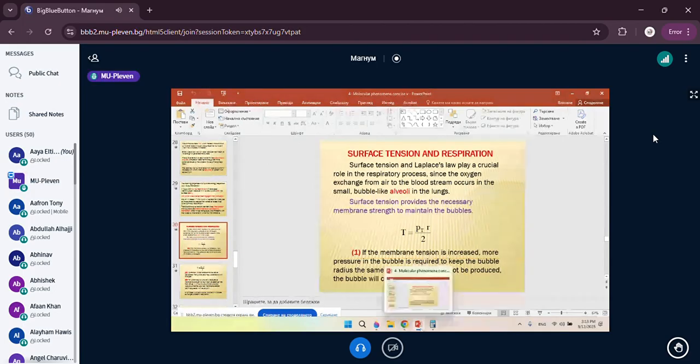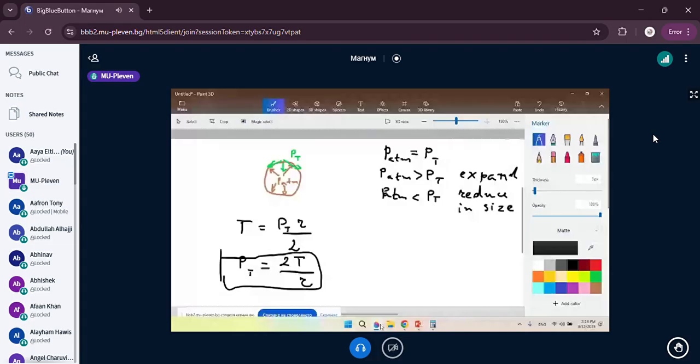Let us see my picture. Suppose the membrane tension is increased, in direct proportionality, that inward pressure will increase. It will become bigger than the outward pressure, which means that it will collapse, reduce in size, as given in the text.